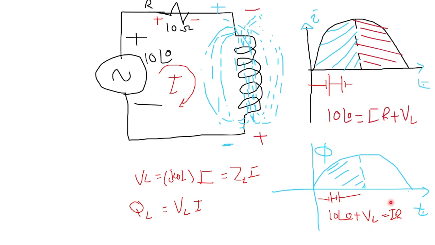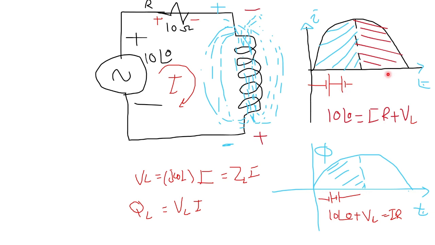equal the voltage drop across the resistance IR, meaning that both the voltage source and the coil, or the energy stored on the coil, are now supplying the resistor. We can see now that in the first quarter, when the current was increasing and the rate of change of the current was positive, the EMF generated across the terminals of the coil was like the resistance, a voltage drop opposing this increment in the current.